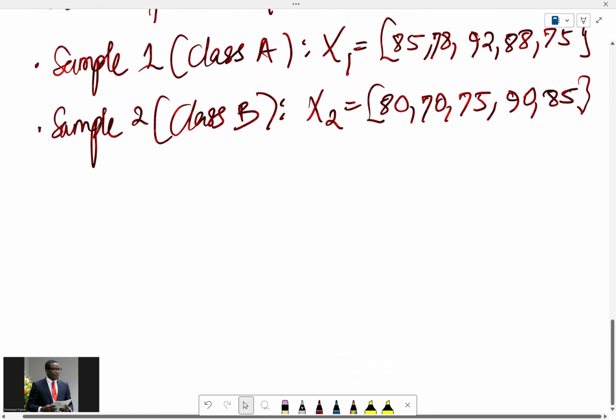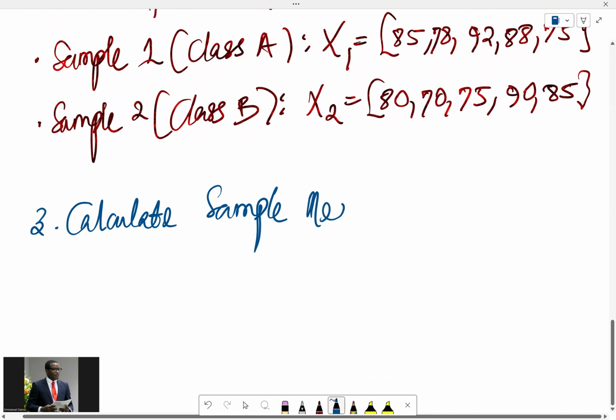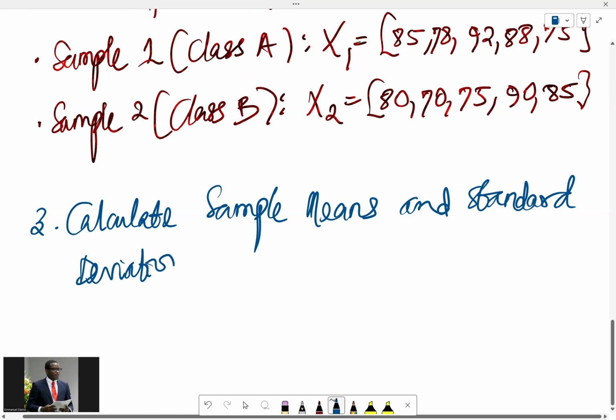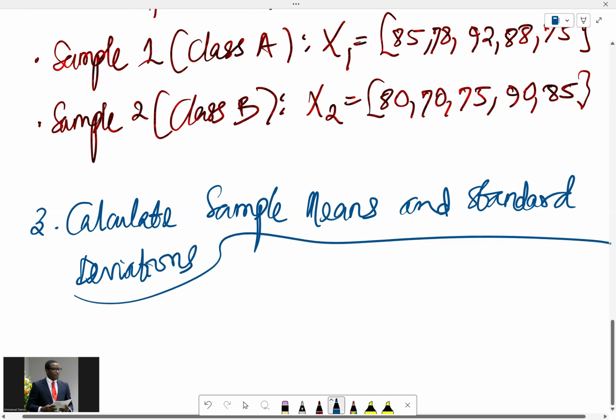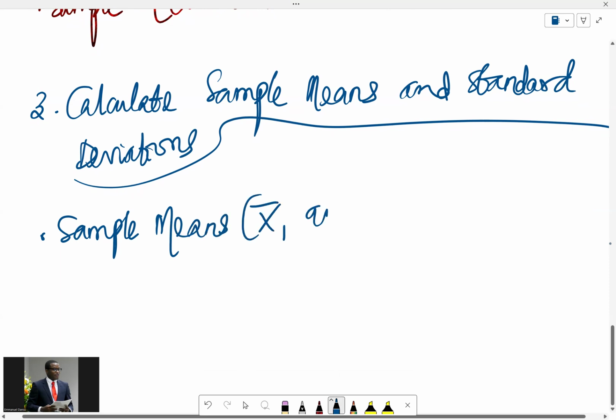So the next thing we want to do is to calculate sample means and standard deviations. Here we start with sample means. The sample means are simply x1 bar and x2 bar, which is the normal mean.